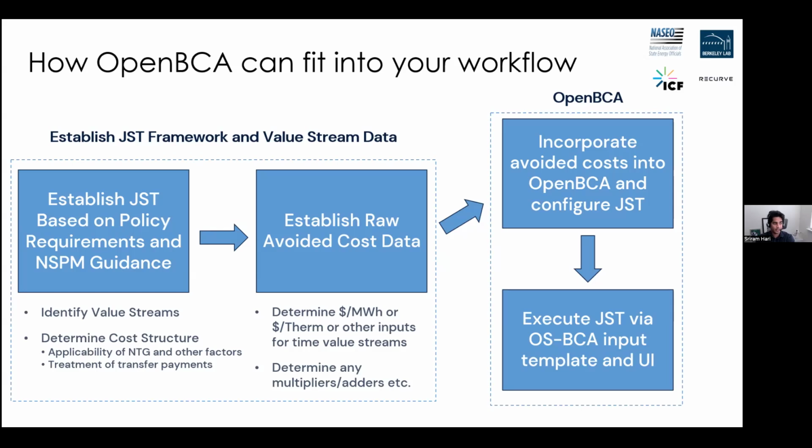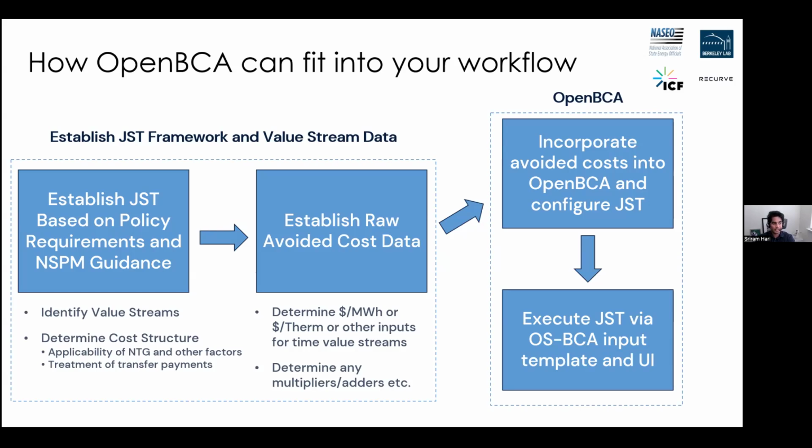There's also other factors that need to be considered when you develop a JST or jurisdictional specific test, like how do you treat transfer payments, like utility incentives. And this really ties into what the overall structure of your test will be and needs to be done before you can put those inputs into the OpenBCA tool.